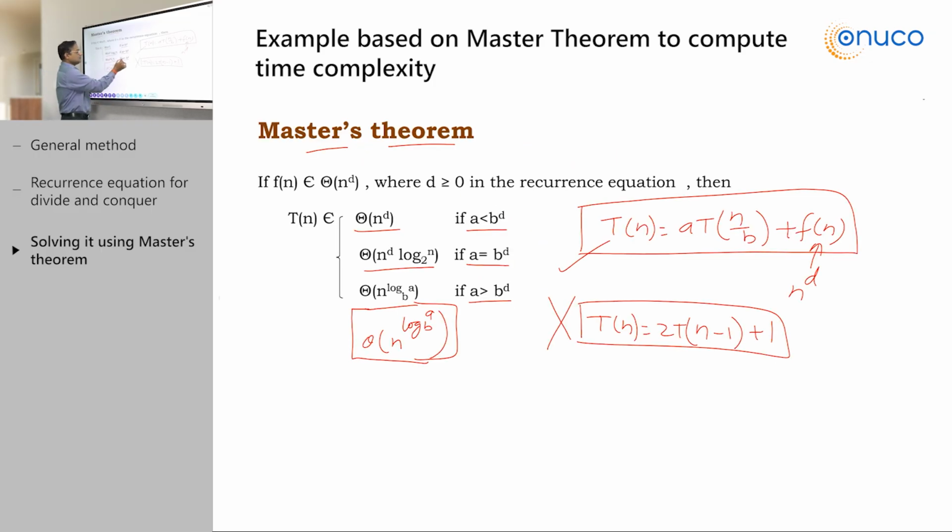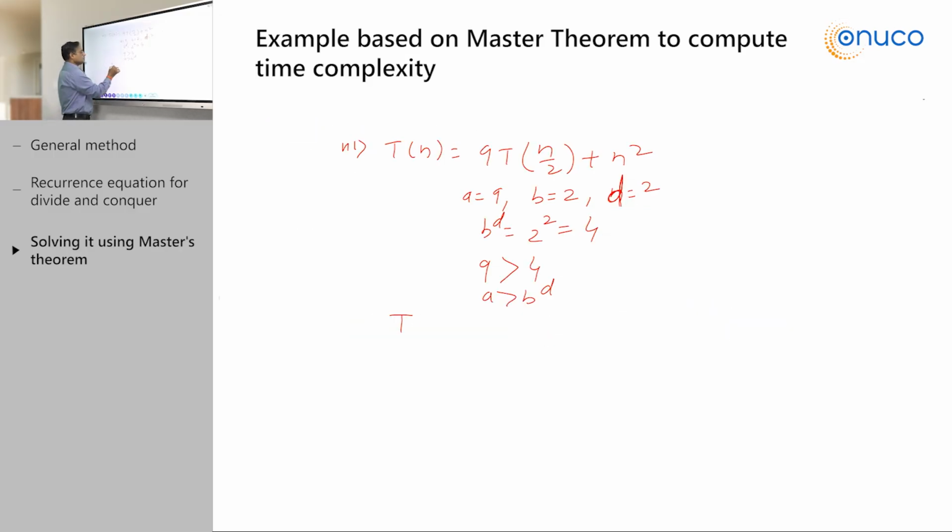Look, if A is greater than B power D, then you are going to apply n to the power log A base B. The time complexity will be T of n is equal to n to the power log A base B. What is the value of A, friend? 9. What is the value of B? B is 2.